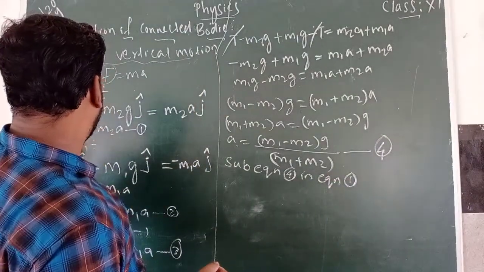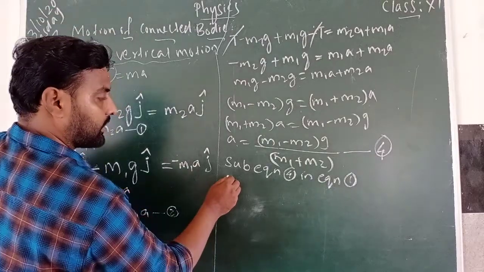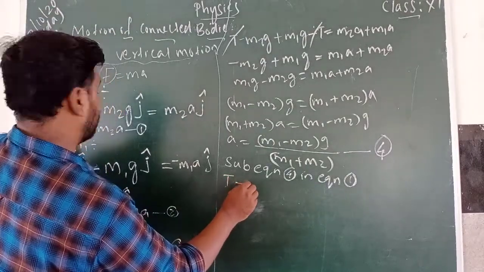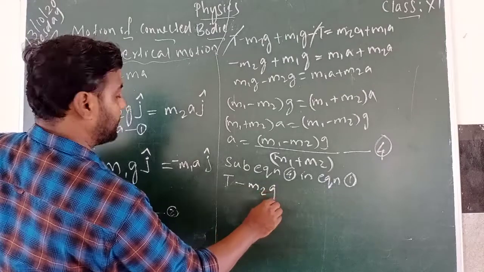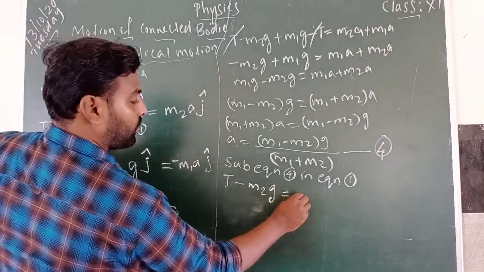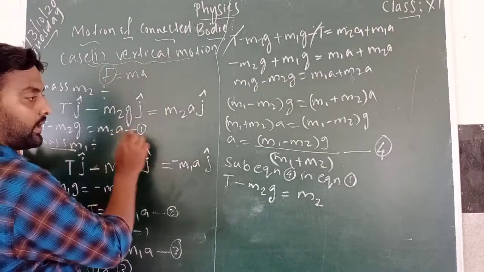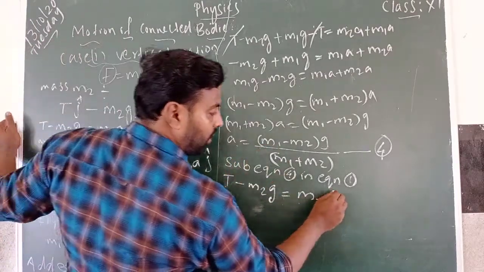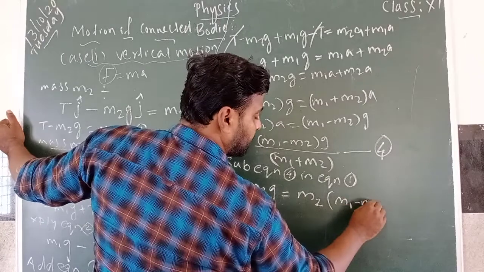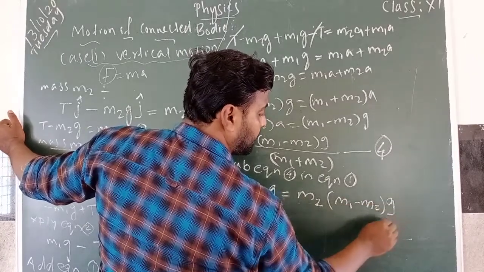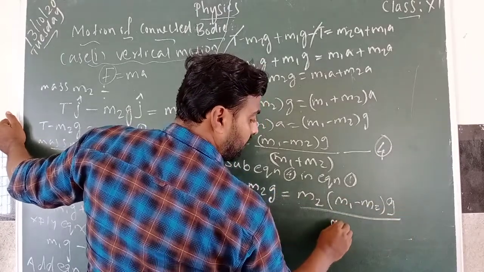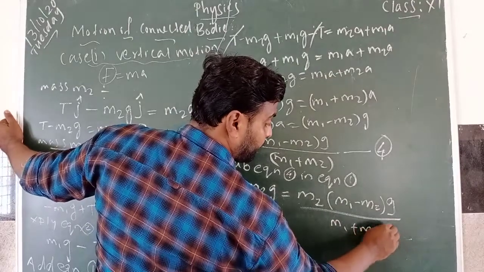You can see here T minus M2G equal to M2, and instead of this A, substitute M1 minus M2 into G by M1 plus M2.